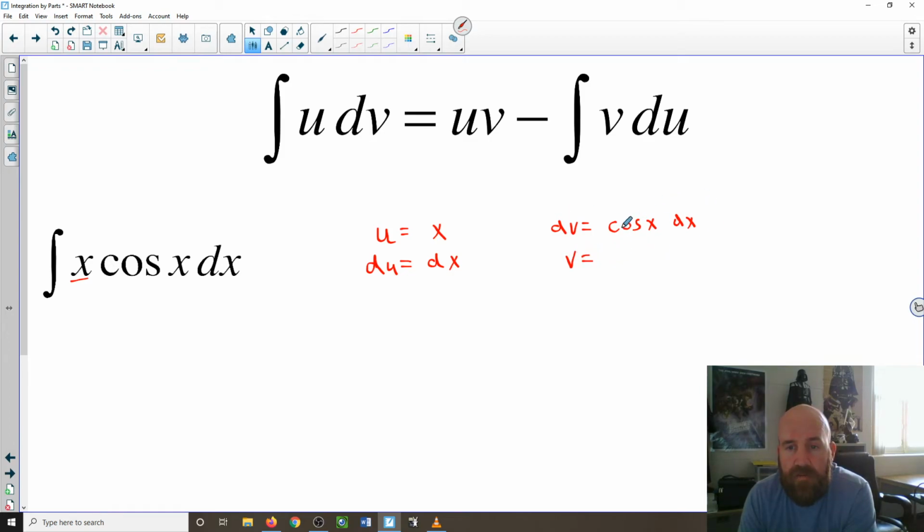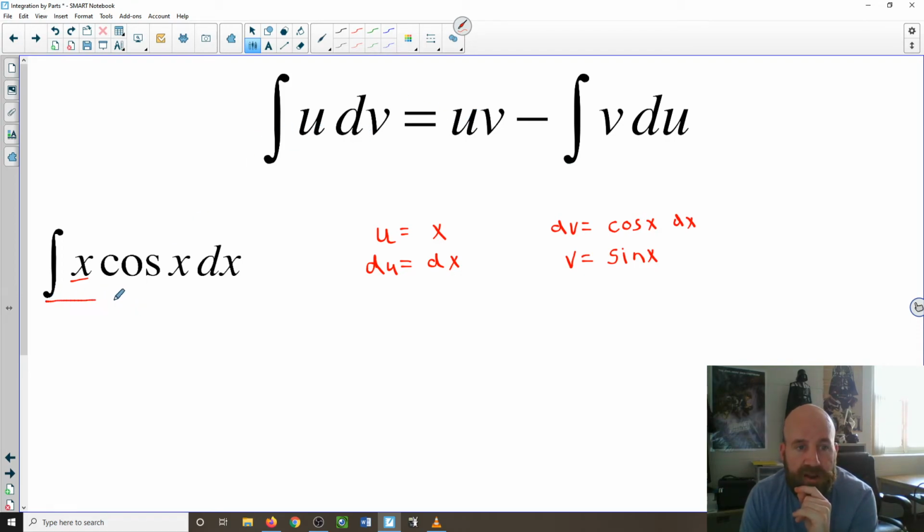So antiderivative of cosine x dx is sine of x. All right, so pick a u, pick a dv, that's two steps. And then we take the derivative of u and then the antiderivative of dv. So once we have all four pieces, now we can start plugging things into the formula where they go.